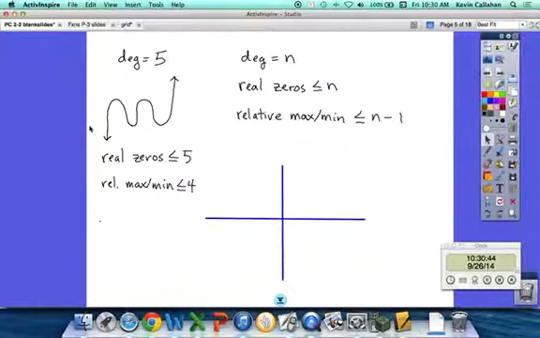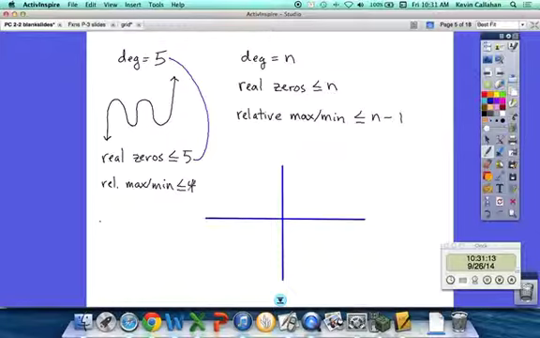So these are the rules, right? The number of real zeros have to be less than or equal to the degree, right? These two match. And the number of relative maximum or minimum, which I do think sometimes in the book they call turning points, which is fine, but we probably ought to use the vocabulary that we already learned.